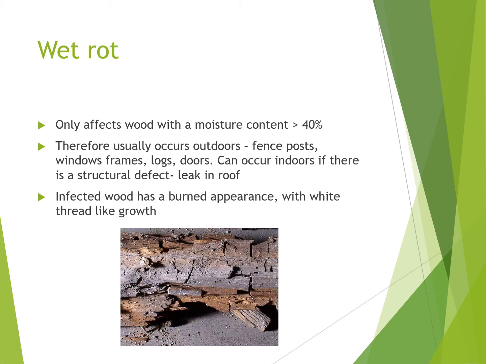So this is something like a fencing pole that is in a puddle of water in the middle of a field. Therefore, it usually occurs outdoors: fence posts, window frames, logs, doors. It can occur indoors if there's a structural defect, if there's a leak in a roof. Infected wood has a burned appearance with a white thread-like growth.